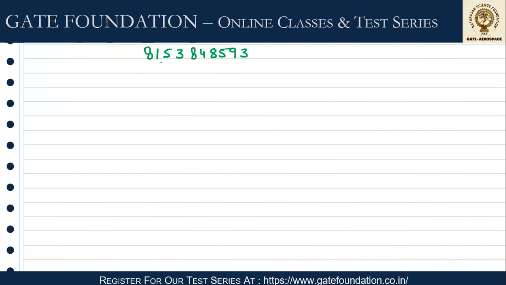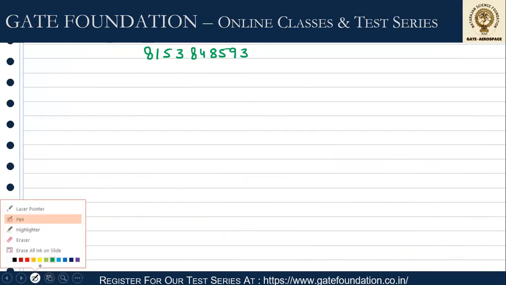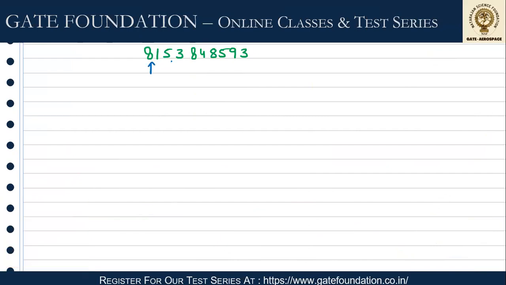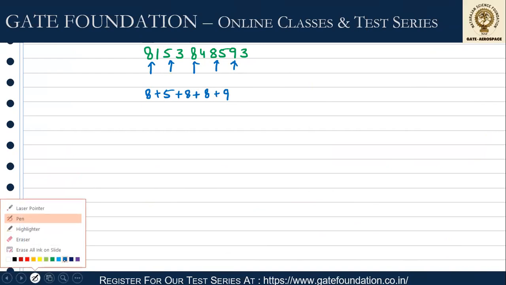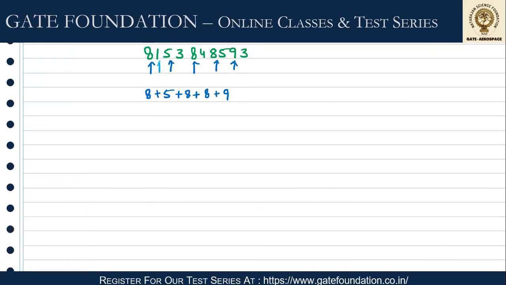Okay, so what I'll do is divide these digits into two parts: first the numbers at odd places, and second the numbers at even places. So I'll get 8 plus 5 plus 8 plus 8 plus 9, and from it I subtract 1 plus 3 plus 4 plus 5 plus 3.